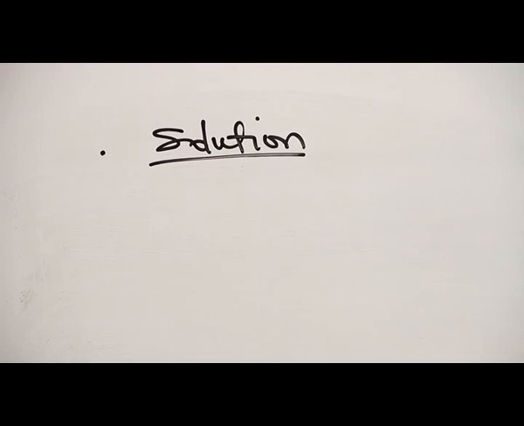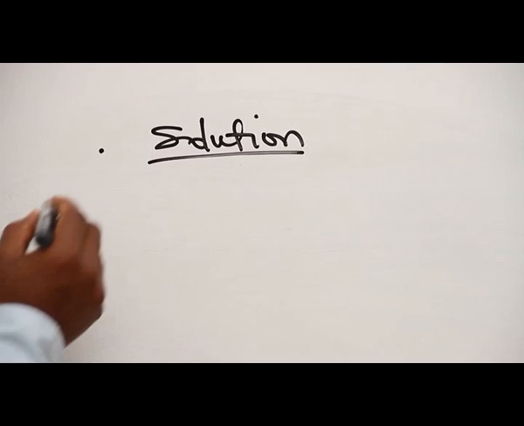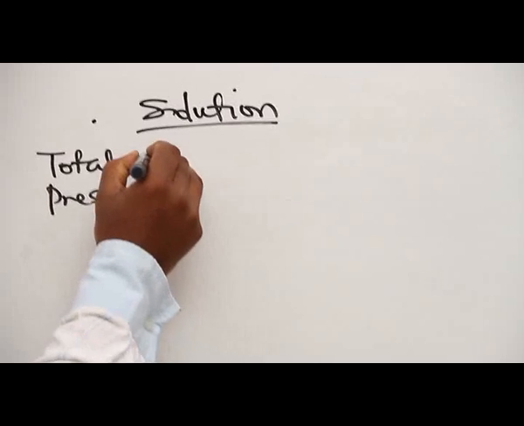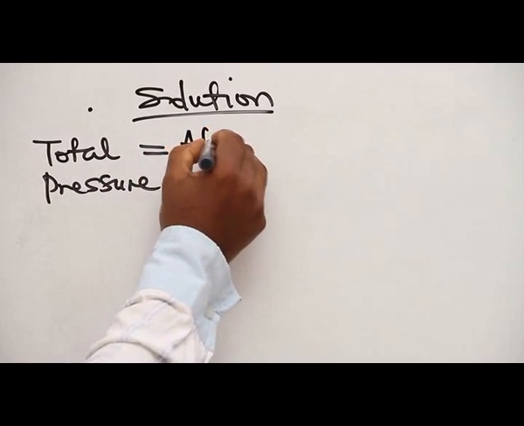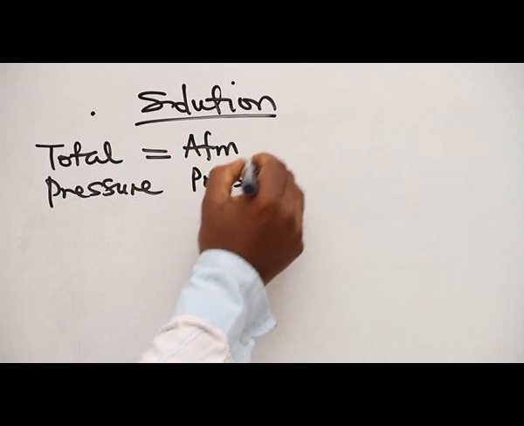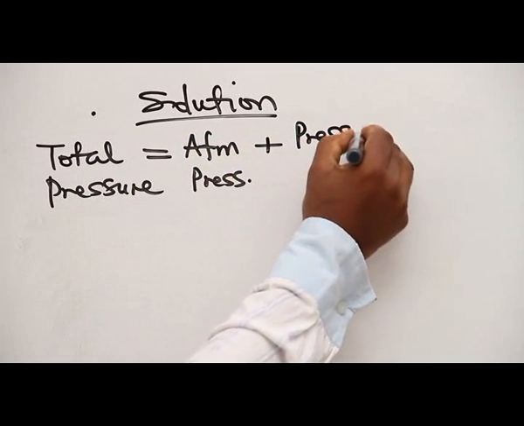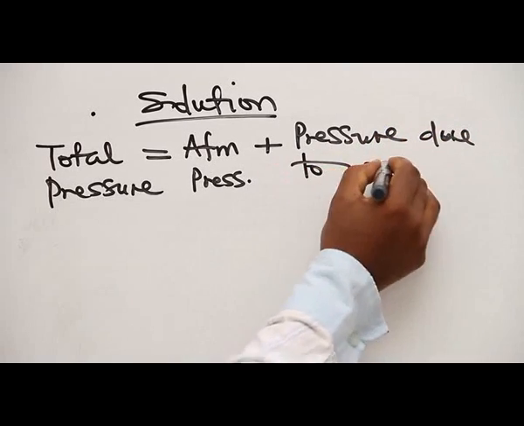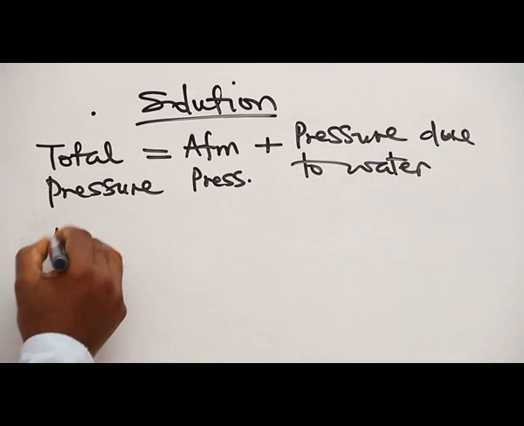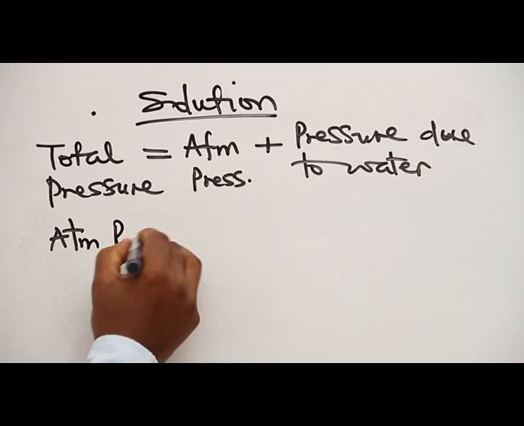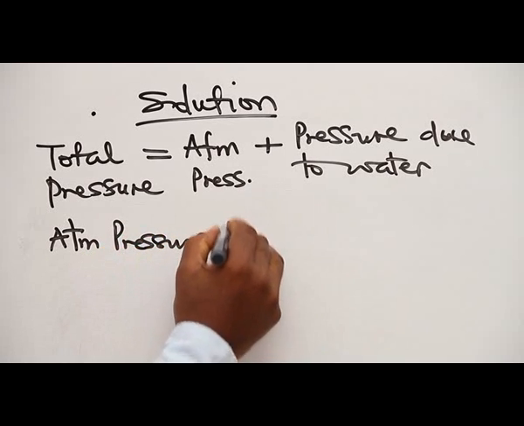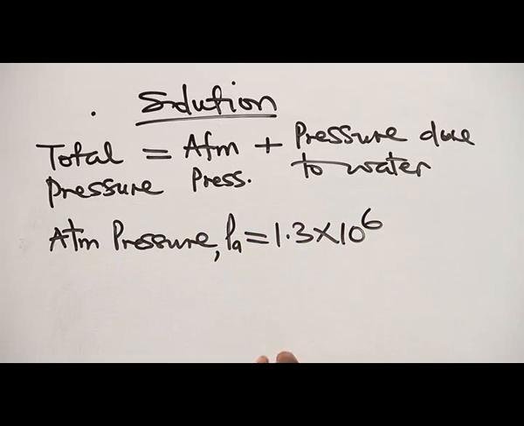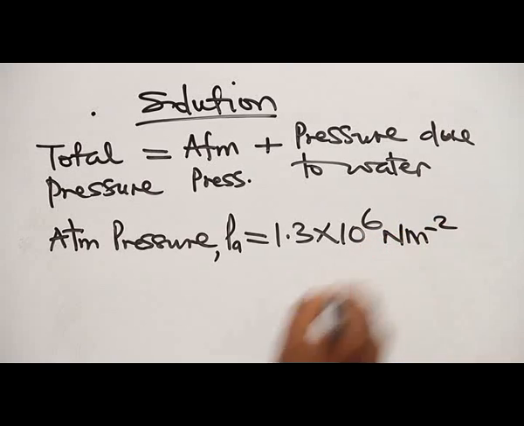The solution to this example is as follows. The total pressure is equal to the atmospheric pressure plus pressure due to water. We are given the atmospheric pressure to be 1.3 times 10 raised to power 6 Newton per meter square.